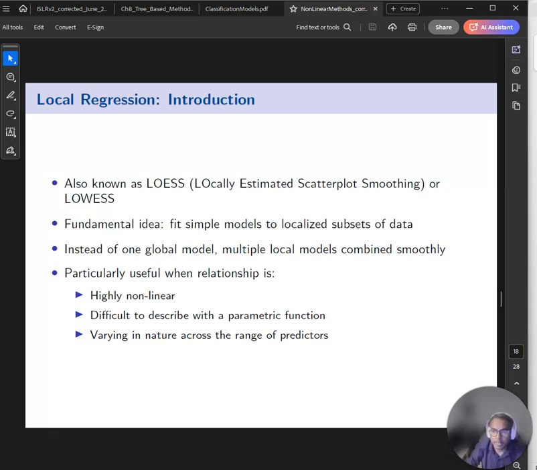Rather than trying to capture this whole thing with one complex function, local regression builds many simple models that create a flexible fit. This approach represents a shift in philosophy from the methods that we have discussed so far. Instead of trying to specify the right functional form up front, local regressions let the data speak for itself, adapting to whatever patterns exist locally in different regions of your data.